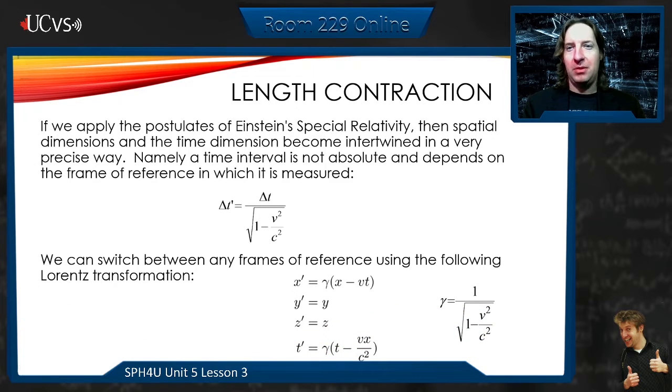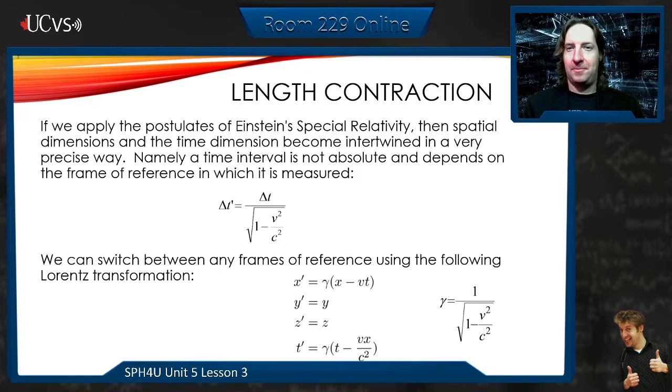If we apply the postulates of Einstein's special relativity, then what it really means is that space and time are kind of the same thing. They're all part of a four-dimensional framework, which we're going to call SpaceTime. The link is a little bit complicated.